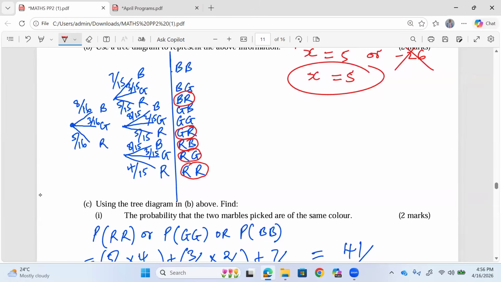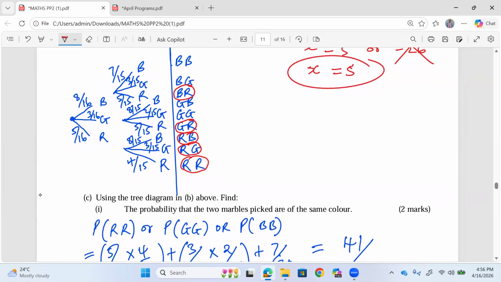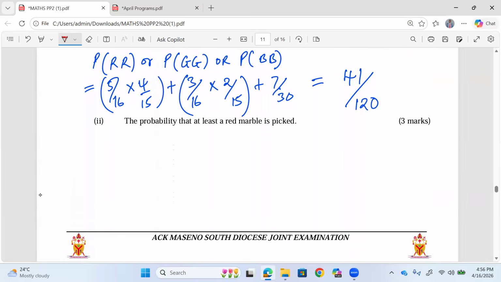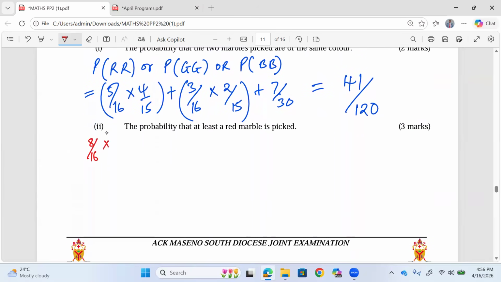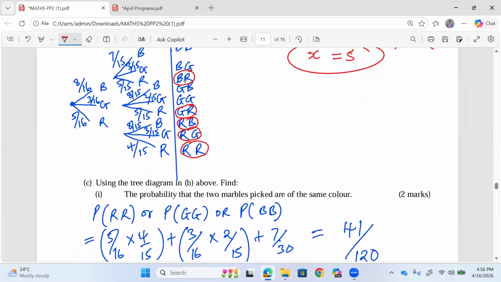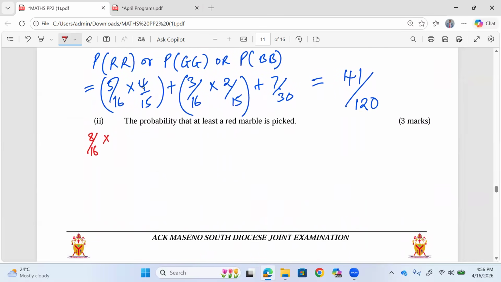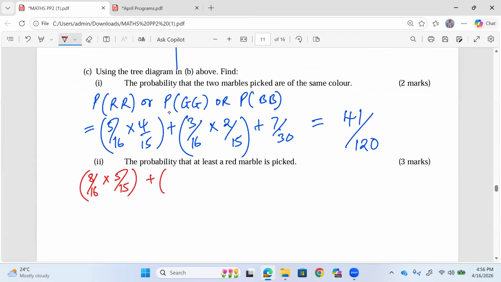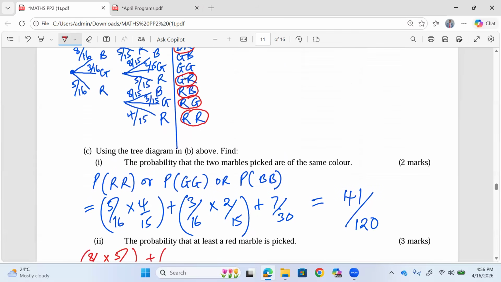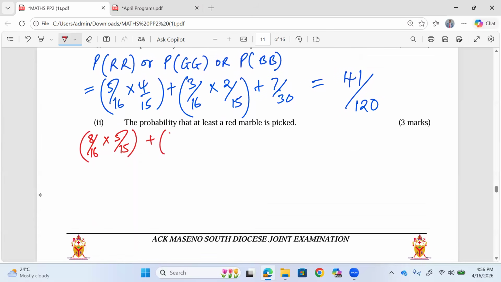So we have the probability of blue and red. That is 8 over 16, then a blue followed by red, 5 over 15. Or, which means addition in probabilities, green, then red. So green, then red means 3 over 16 and 5 over 15.